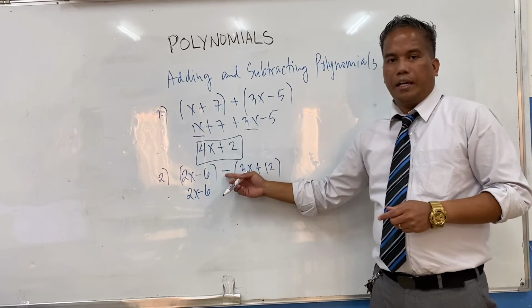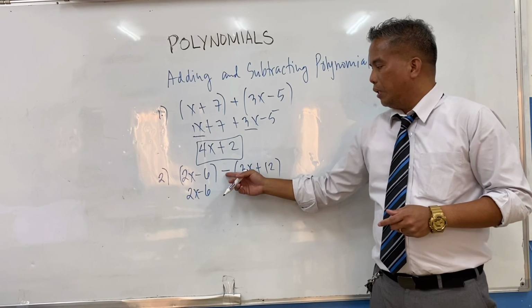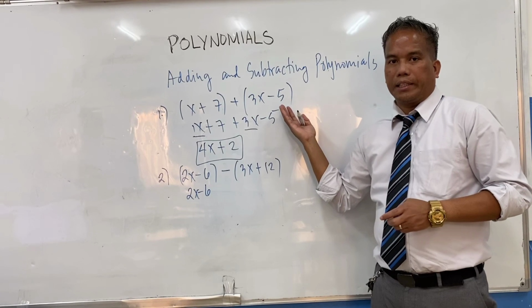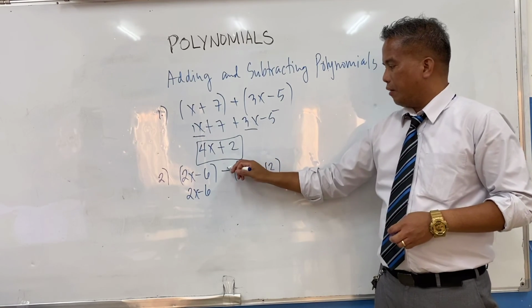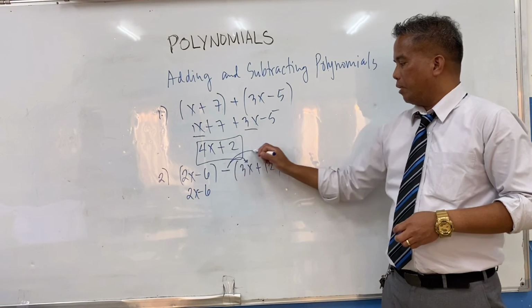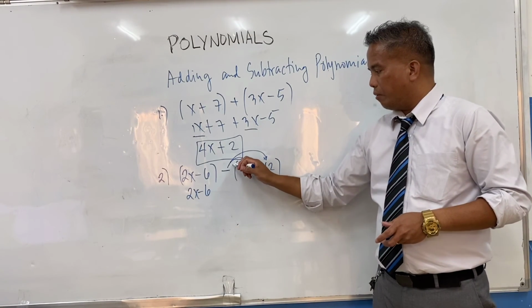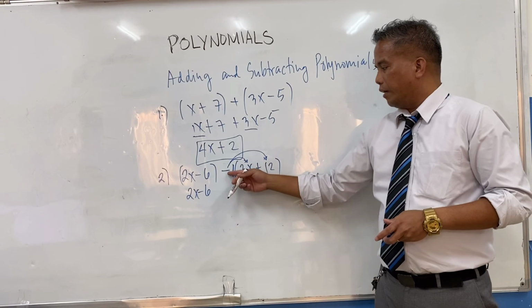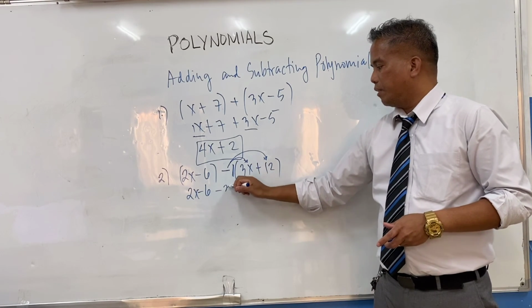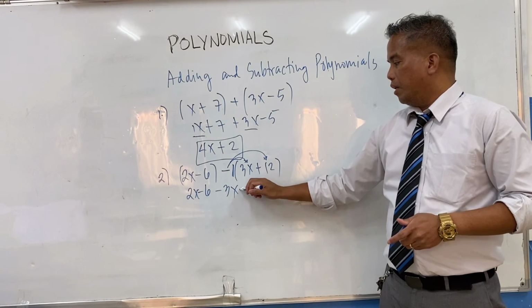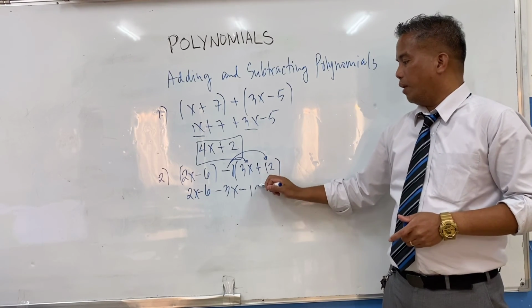Since the operation is subtraction, unlike in addition where we totally remove the parentheses, here you are going to apply the distributive property, because understood there is a numerical coefficient of negative 1 here. So negative 1 times 3x equals negative 3x. The negative 1 times positive 12 will be minus 12.